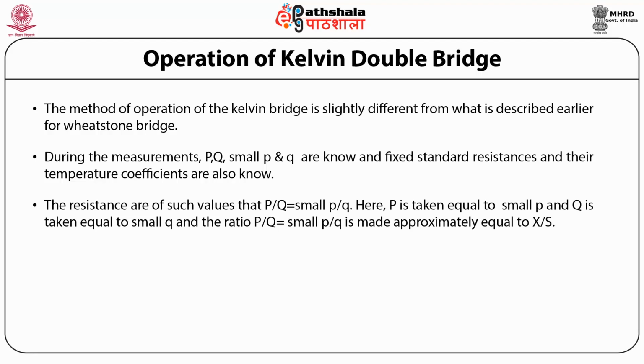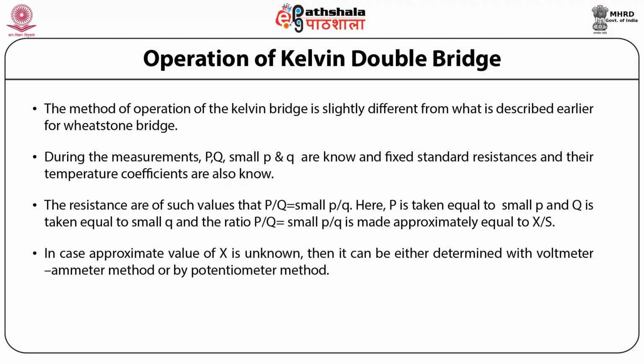The resistances are of such values that P by Q equals small p by small q. Then P is equal to small p and Q is taken equal to small q, and the ratio P by Q equal to small p by small q is made approximately equal to X by S.